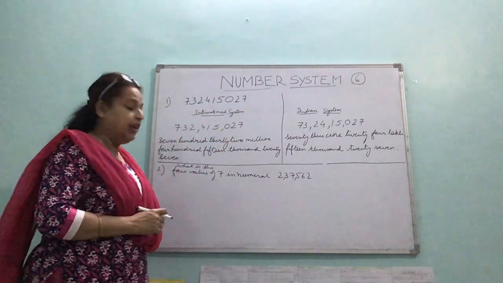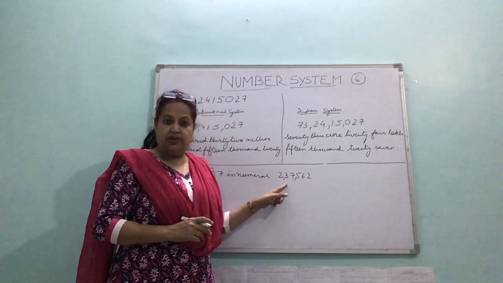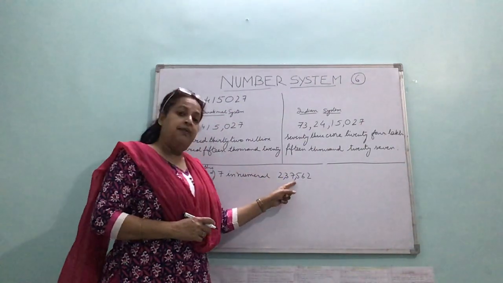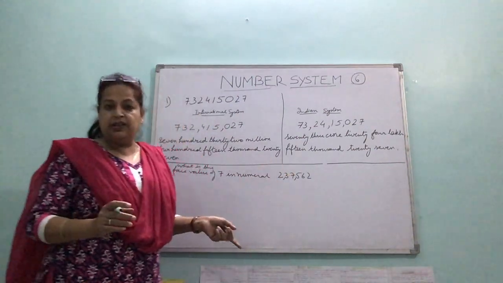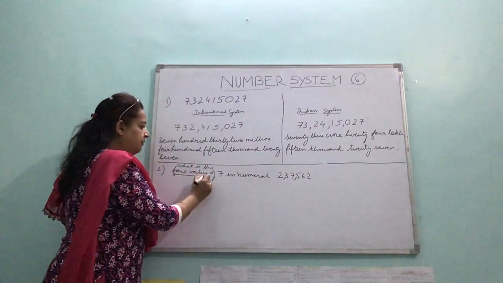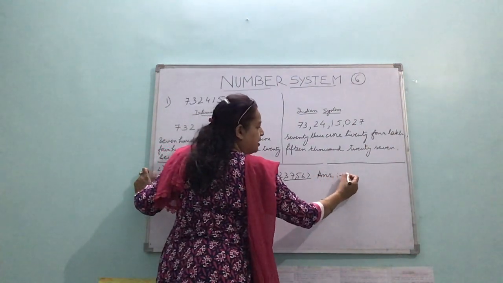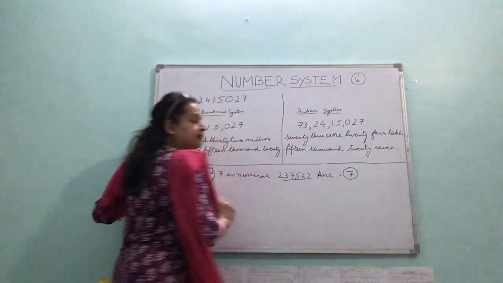Well, the face value of a digit is always the same. Wherever it is placed, face value doesn't change. So what is the face value of this digit in this numeral? The answer is, face value is the same, 7.